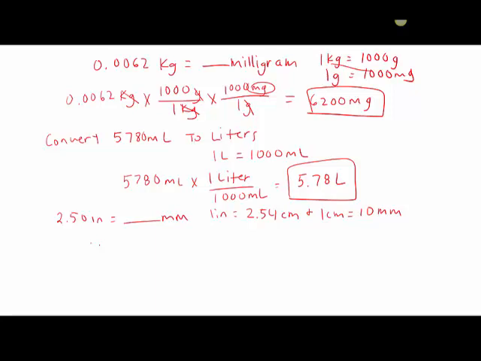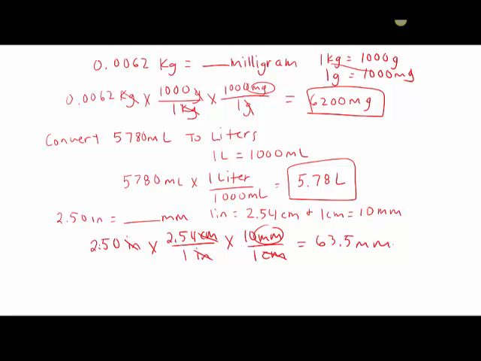So we have 2.5 inches times 2.54 centimeters over 1 inch times 10 millimeters over 1 centimeter. So let's see. That cancels, that cancels, that cancels, and that cancels, and that gives us millimeters left. So when we do all that, we get 63.5 millimeters.